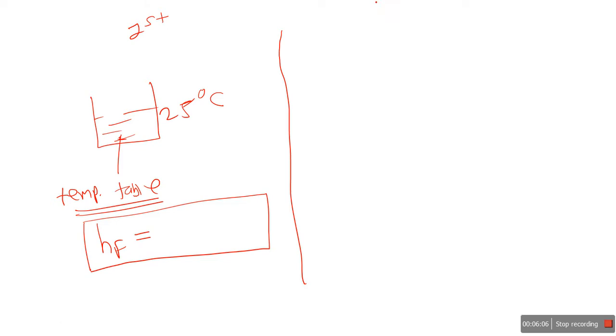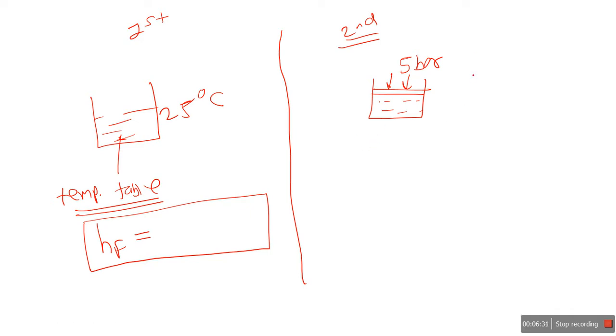Now the second condition: that water is converted into wet steam under 5 bar pressure. First we calculate what amount of heat is required under this condition.